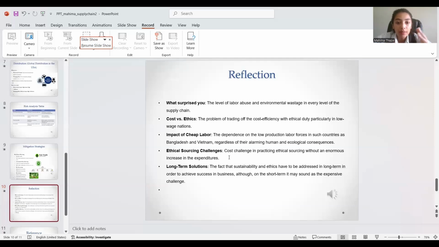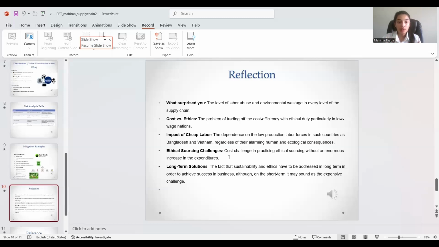So what might be the ethical sourcing challenges? The cost challenge is practicing ethical sourcing without an enormous increase in expenditures. I would say the long-term solution is that if companies commit to ethical sourcing, they will gain consumer trust, investor confidence, and also long-term stability throughout their business.